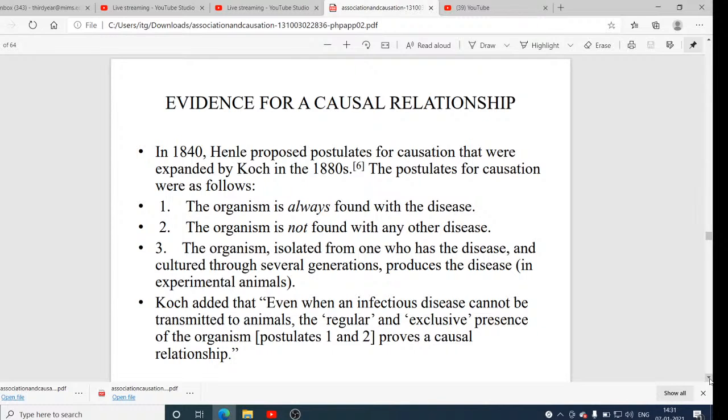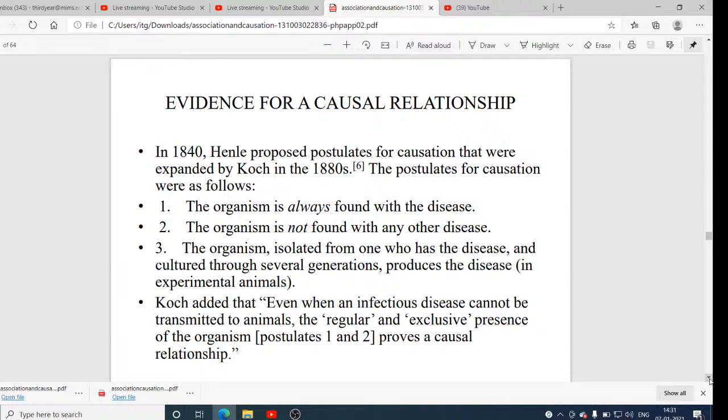The evidence of causal relationship. In 1840, Henle proposed postulates for causation that were explained by Koch in 1880.